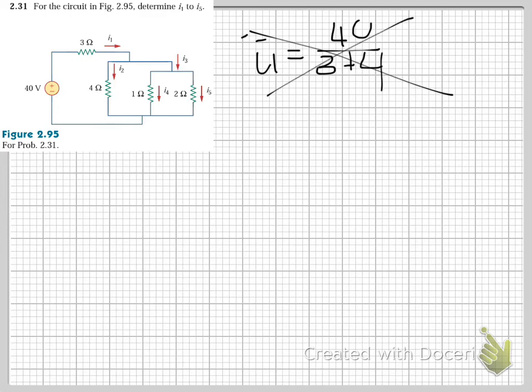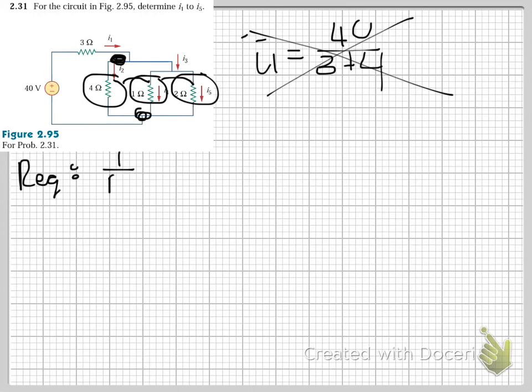That is wrong. Why is it wrong? Because the resistance between this node and this node is not just this 4 ohm, but it's 4 in parallel with 1 in parallel with 2, right? So then obviously we need to start by finding R equivalent, right?